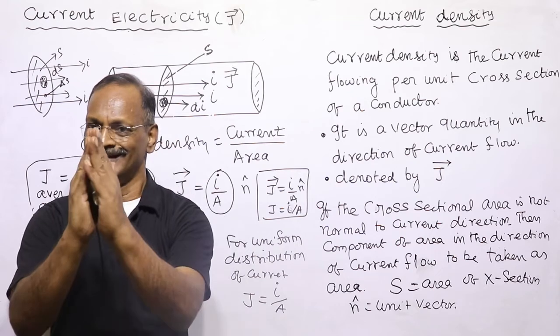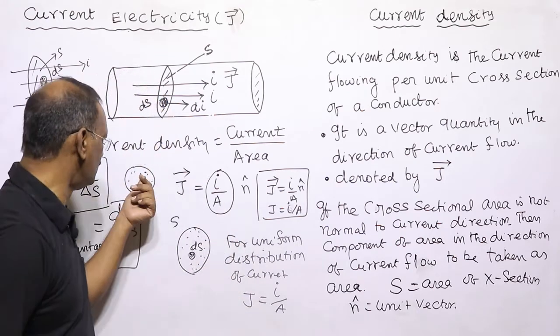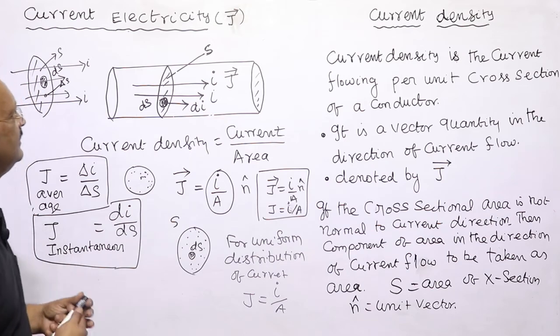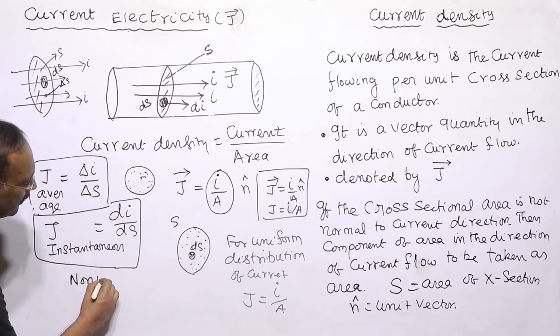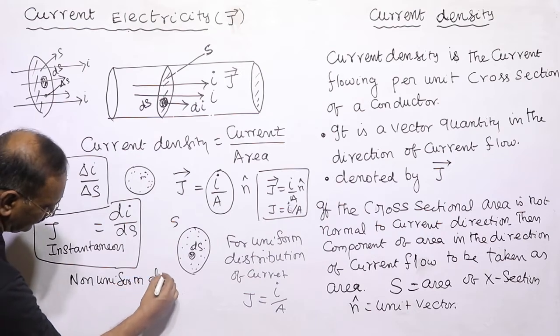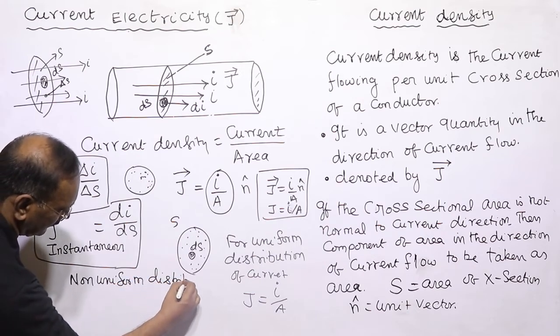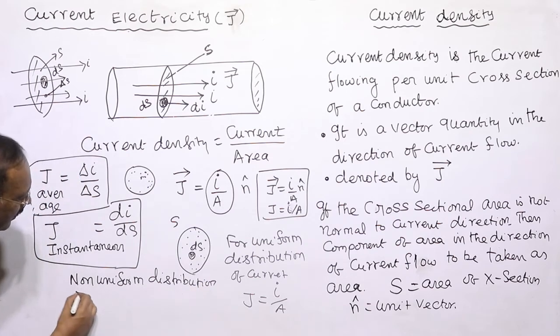Non-uniform means throughout the cross-section it is not going uniformly. Somewhere it is more, somewhere it is very less. This is called non-uniform distribution of current.